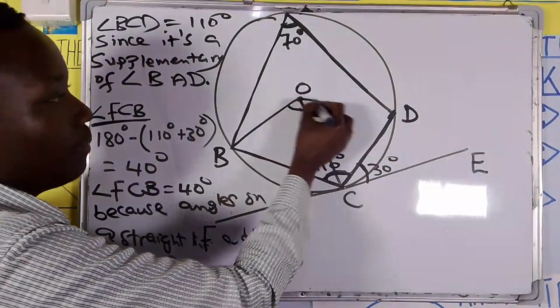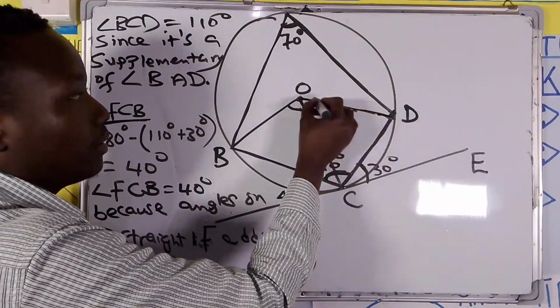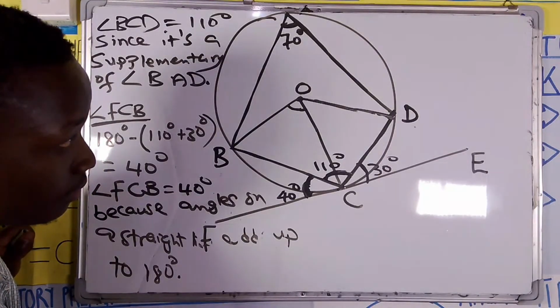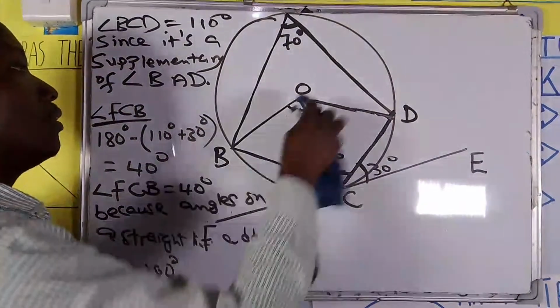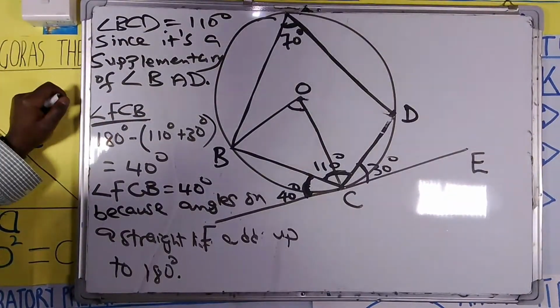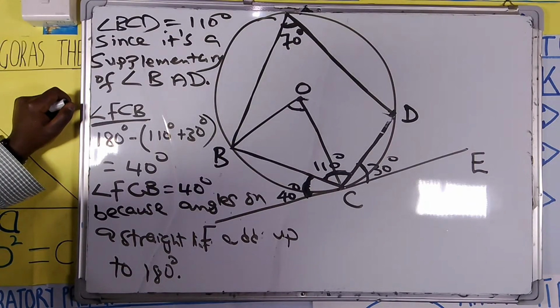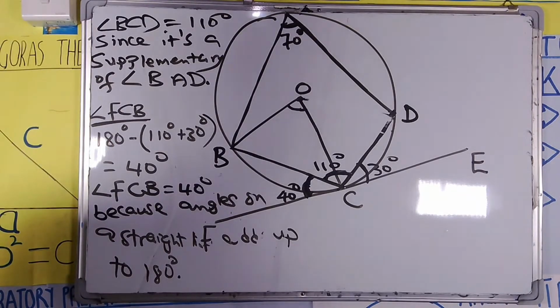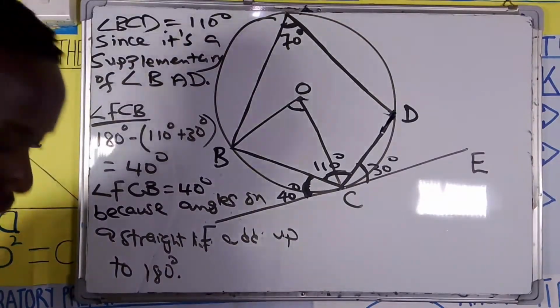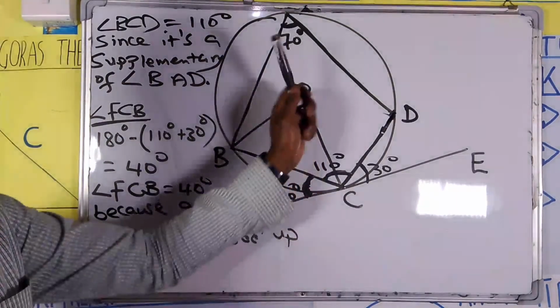We can join here, we can join here. Wait, let us stop joining there. Let us look at another property we can use. Another property that we can use is 110, 70, 40, 30.